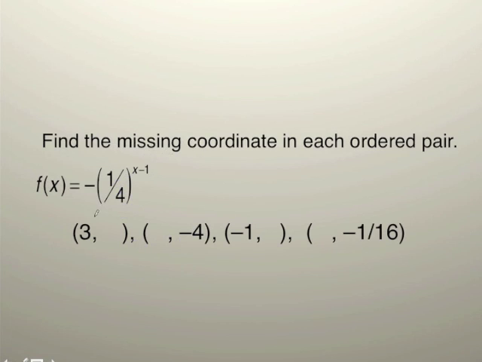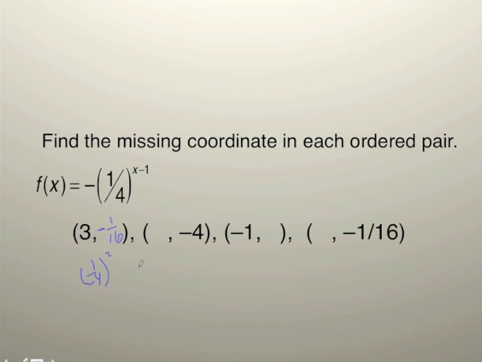We need to find the missing coordinate for each ordered pair. If x is 3, we'll have this negative sign here, so it'll definitely be a negative. 3 minus 1, so we have 1/4 the quantity squared, or 1/16.